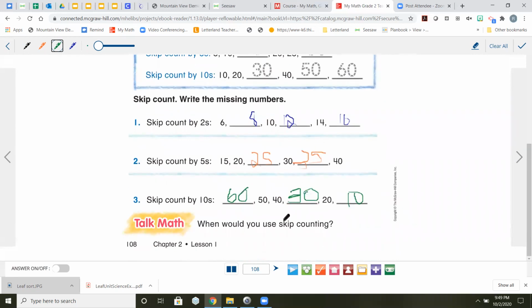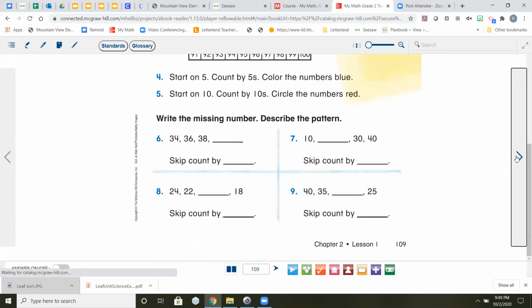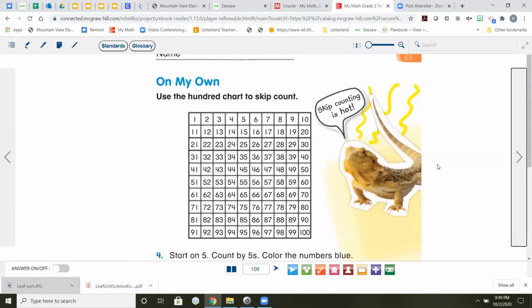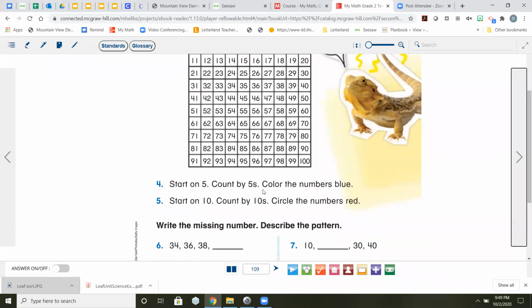All right. So let me go back just to the pointer. Let's go to page 109. Here we go. This is on my own. You're going to use this hundreds chart to skip count, and you can color it in if you need to, which I think it tells you to. Yep, it does.